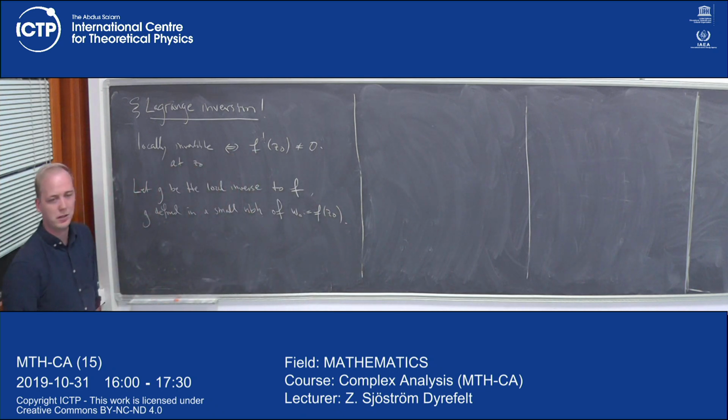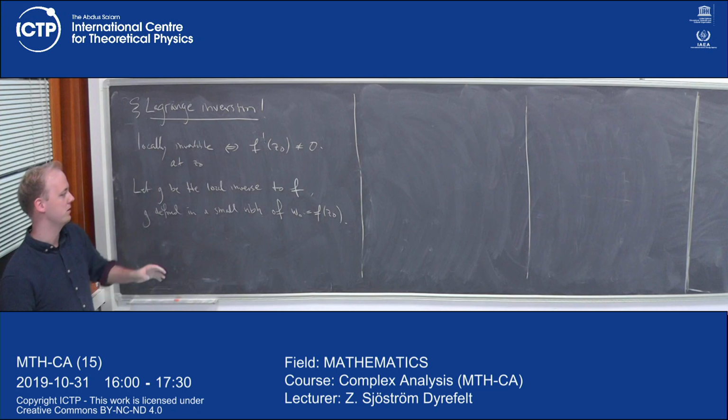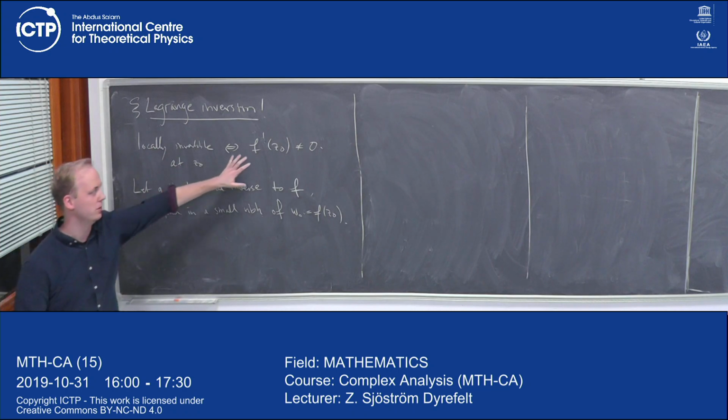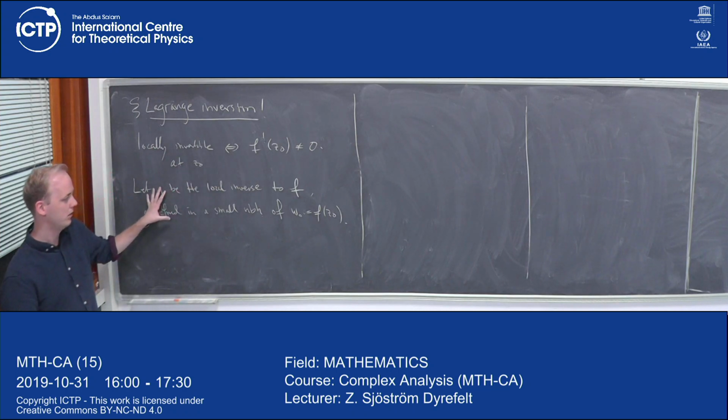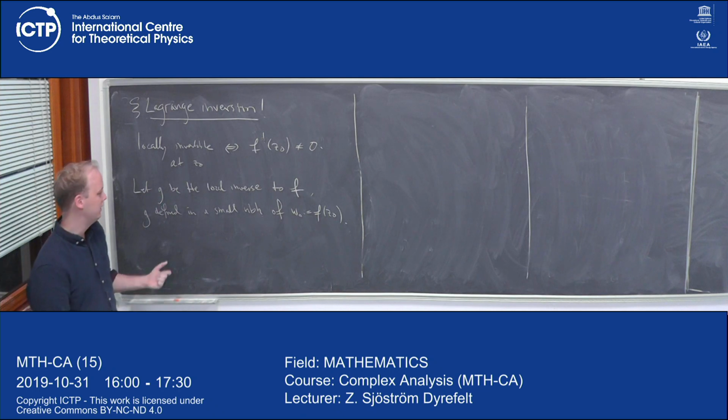This is where the local inverse would be defined. Now the question was: f is analytic, so it has a power series expansion. Assuming this condition, it has a local inverse, which is also analytic, and it has a power series expansion. If we want to describe what this local inverse is, one way is to find the power series expansion. So the question is, how do you get the coefficients in the power series expansion of this G?